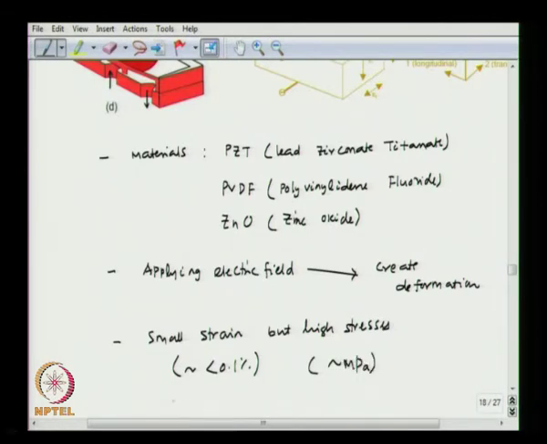So, we would be using piezoelectric based micro actuation in microvalves, where we need small displacement, but large actuation force is required.